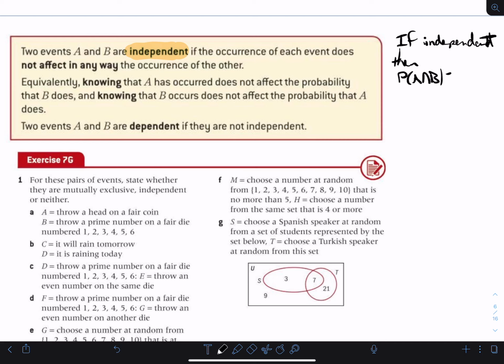The probability of both happening, you can just multiply the probabilities together. You can only do this if independent. If dependent, then you're going to have to draw a diagram. I think that's the next slide or something like that. Tree diagrams work best for that.